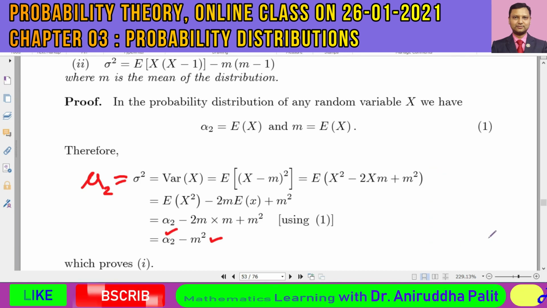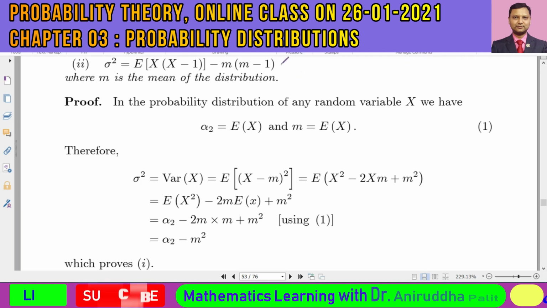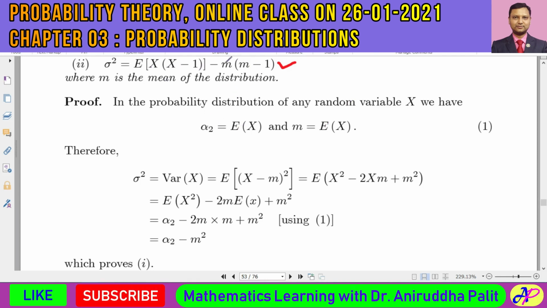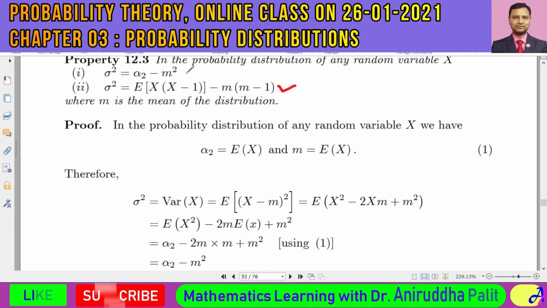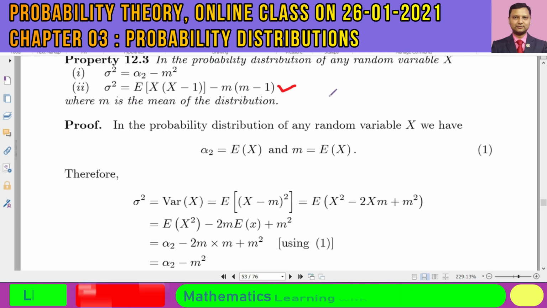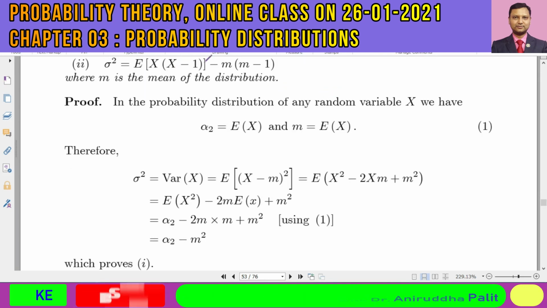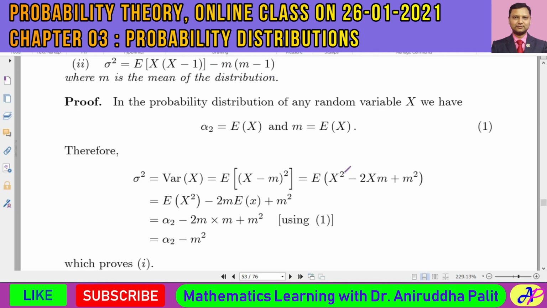Okay. And we use one more result, that sigma square is equal to expectation of x into x minus 1, plus m minus m square. You see these two results can be asked as a short question of 2 marks in the exam.